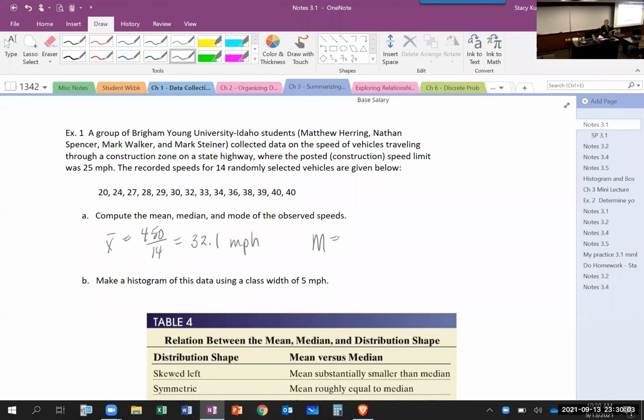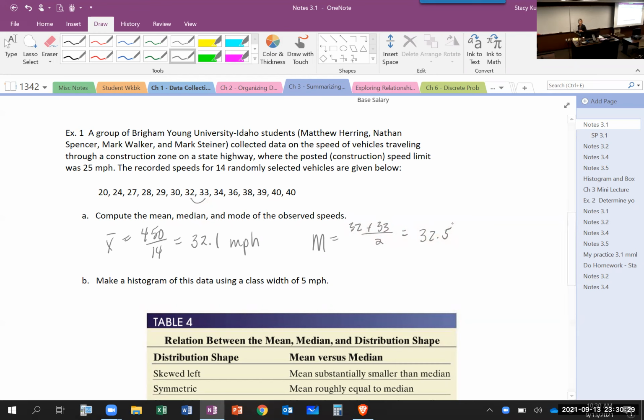And this is an even list, so I'm going to find the middle values, which occur here at 32 and 33. I would find the middle between 32 and 33, so that's 32 plus 33 divided by 2, which is 32.5.